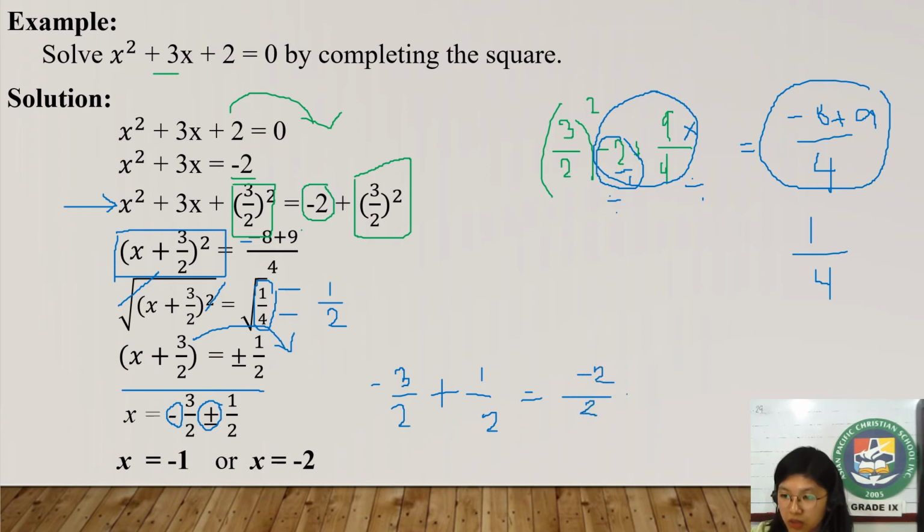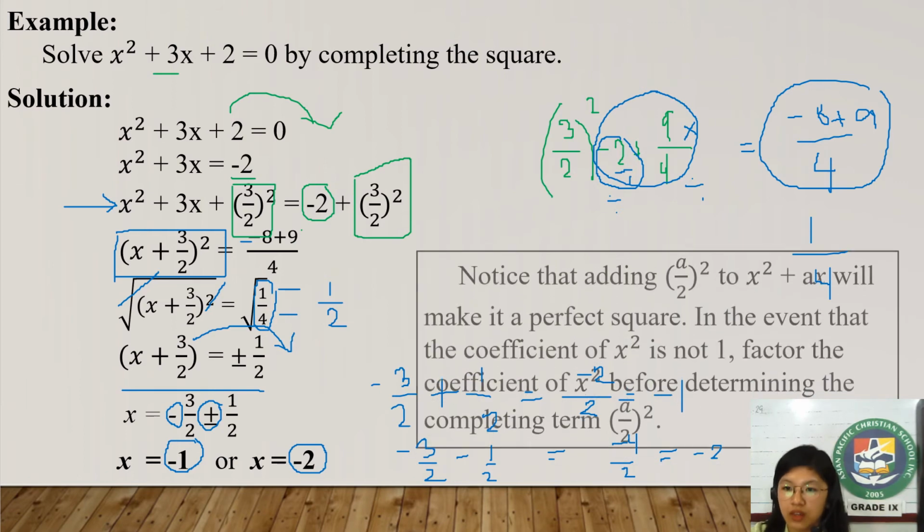So, negative 2 divided by 2 will be negative 1. Kaya, ang first value ni x or solution natin ay negative 1. Then, dun sa pangalawa, we have negative 3 halves minus 1 half. So, since same sign, negative 3 and negative 1, pag-add, so negative 4. Then, over 2. So, negative 4 divided by 2 will be negative 2. Kaya, ang second solution or second value ng x ay negative 2.